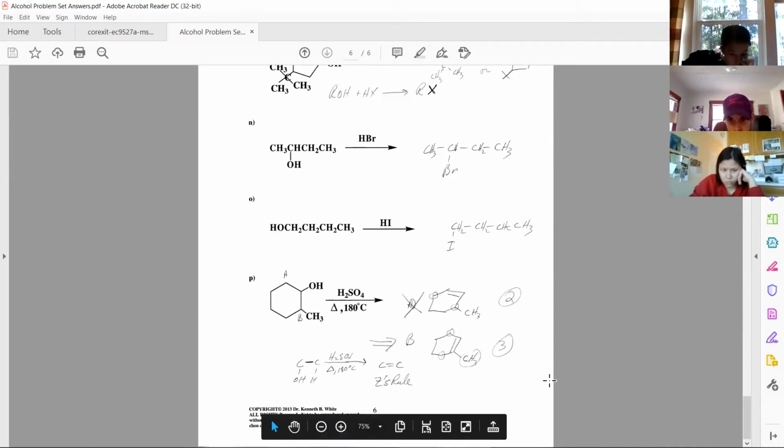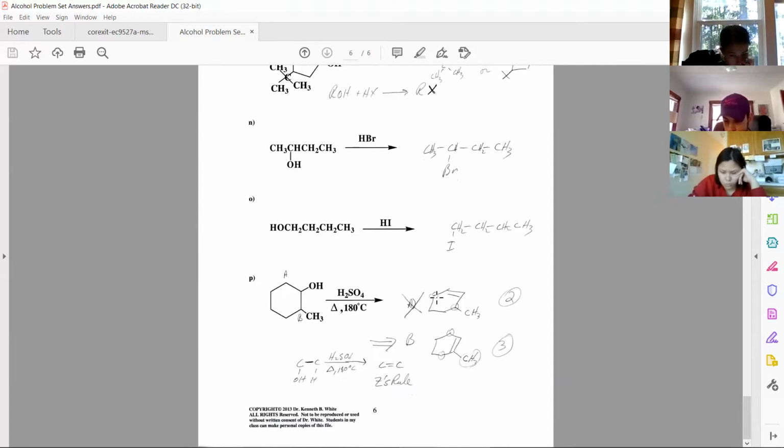Now let's count how many carbon atoms are directly bonded to the carbons of the double bond. In this one, we have 1, 2. Here are my carbons of the double bond. In B, we have 1, 2.